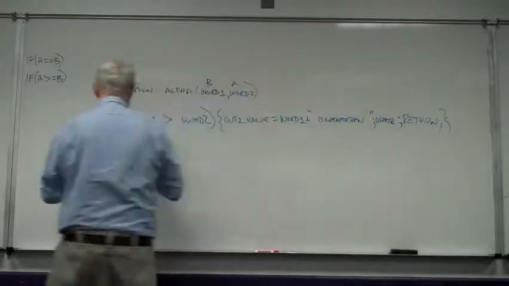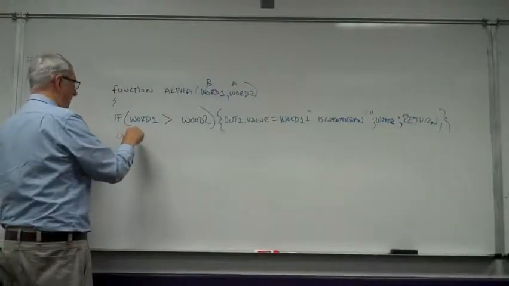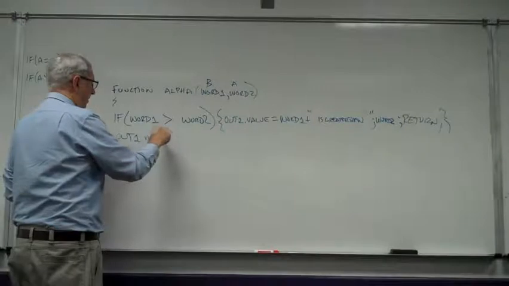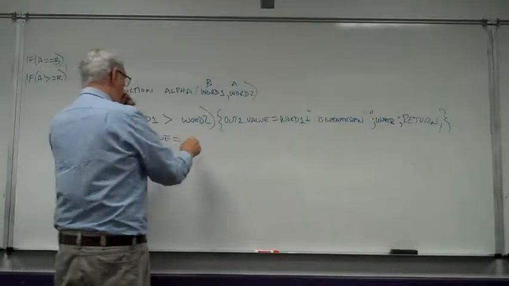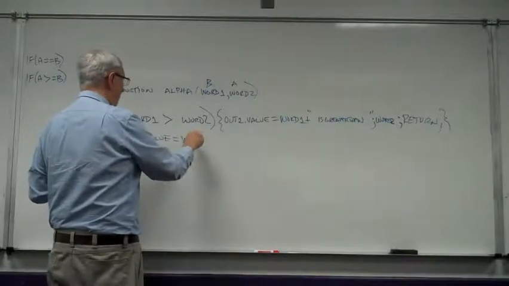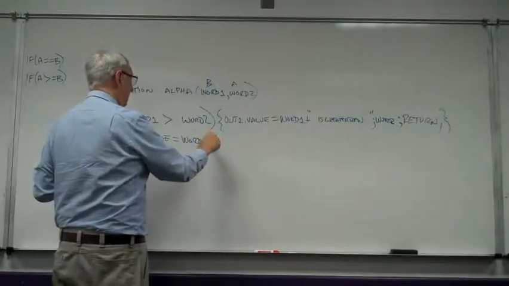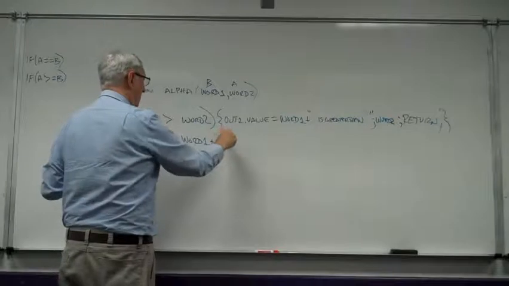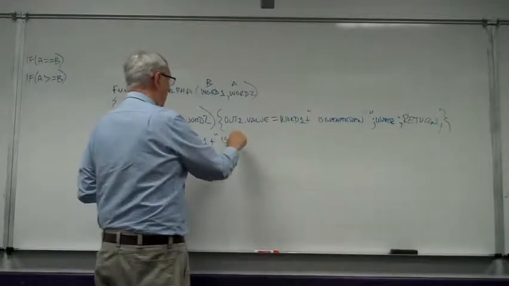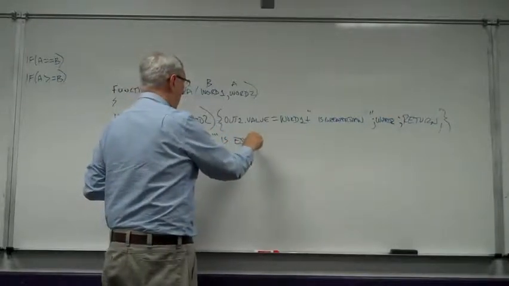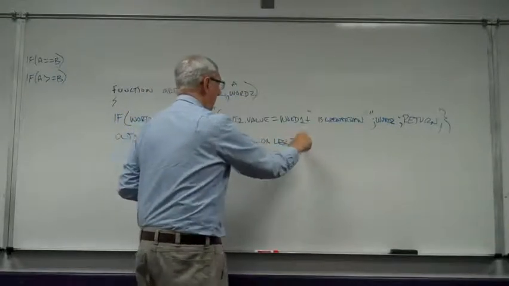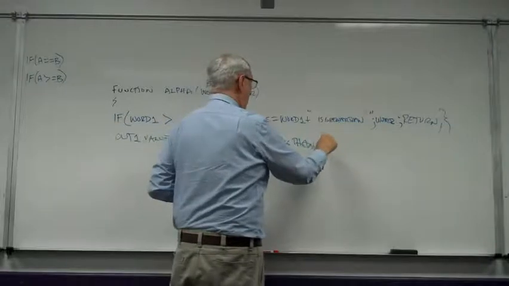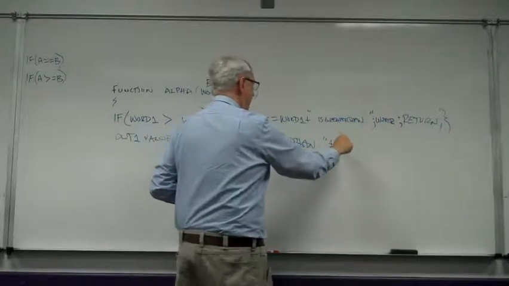If it isn't, what you want to say is out1.value equals word 1 plus is equal or less than plus word 2.